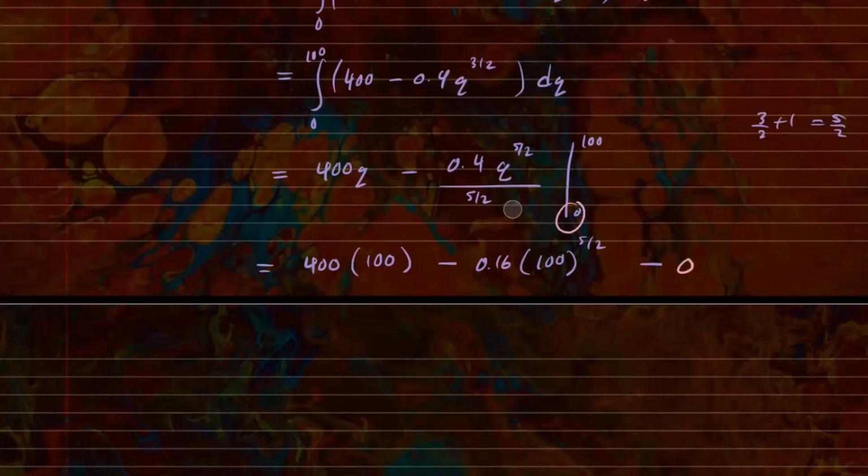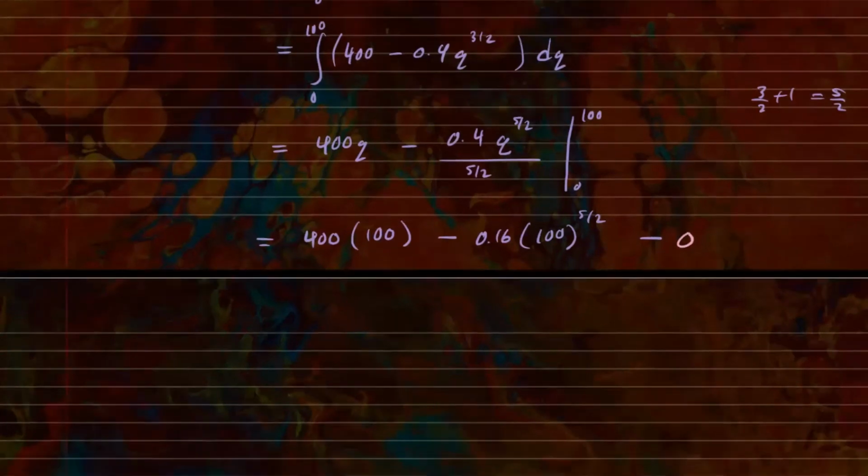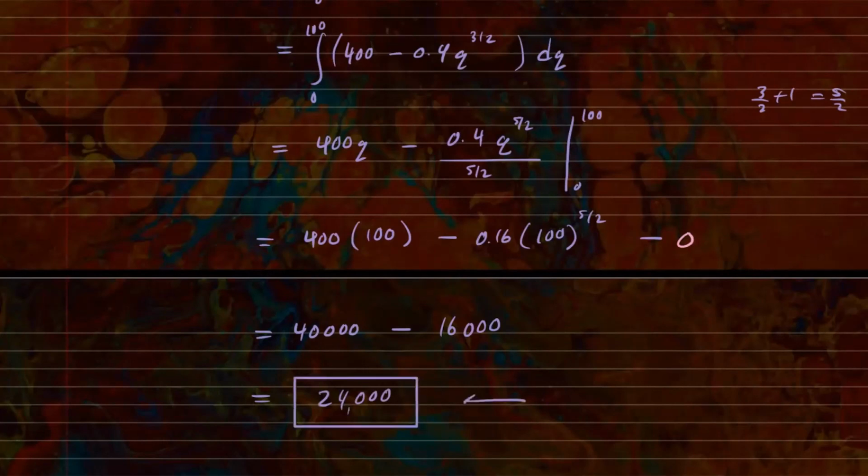So that portion cancels out. Continuing on, I have 40,000 for the first numbers, minus 0.16 times 100 to the 5/2. That's taking the square root of 100 and raising it to the 5th power. You'll get about 16,000. And all of this together is 25,000. So that will be the producer surplus. So this is the producer surplus.